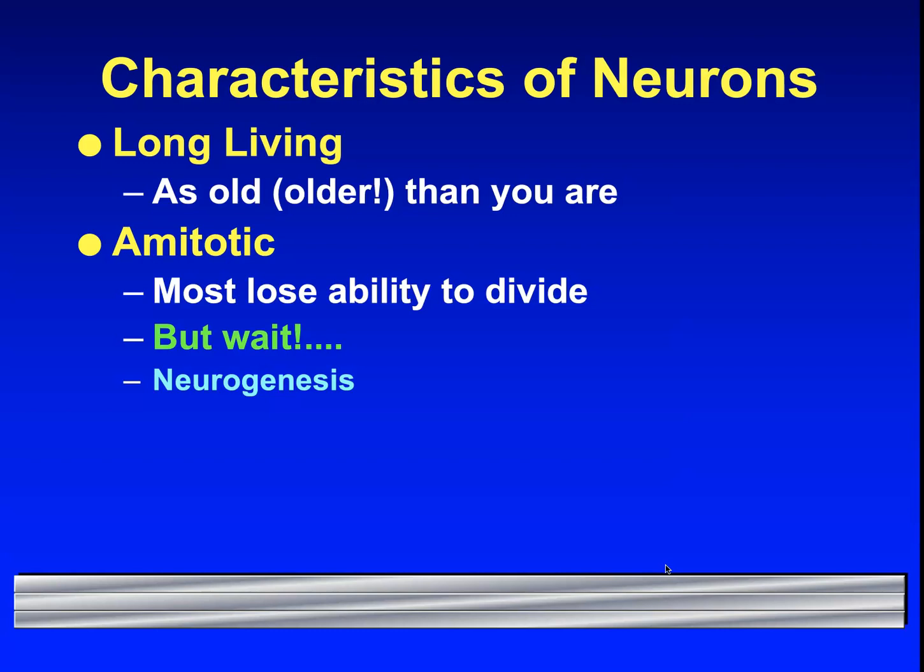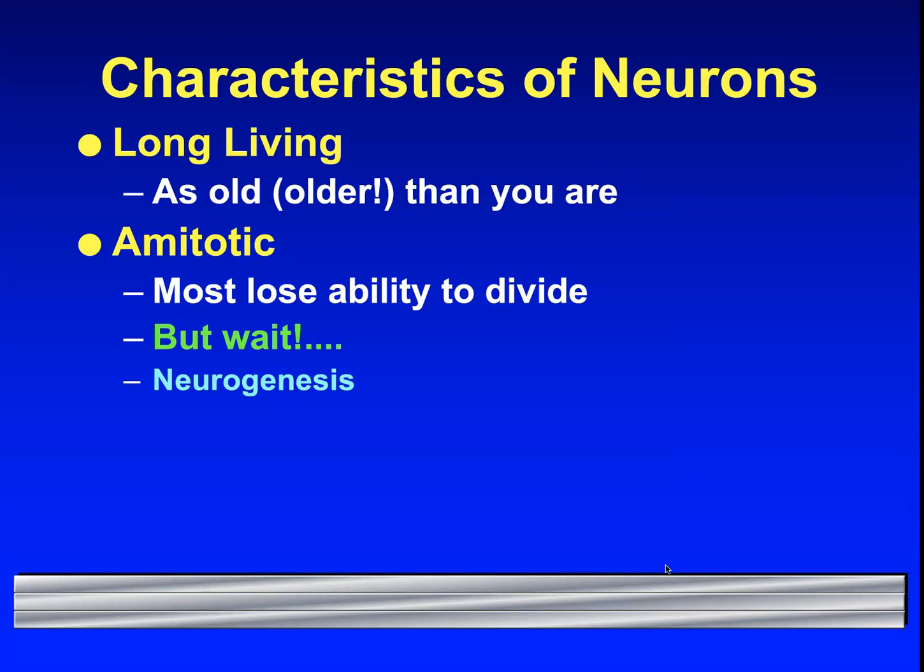But wait, we really thought that the brain never created new neurons, but until maybe about 20 years ago, we found that it does. The human brain does create some new cells, but most don't live long or most don't integrate into the working brain, but there are some places. So a word that I will use throughout the semester, neurogenesis.